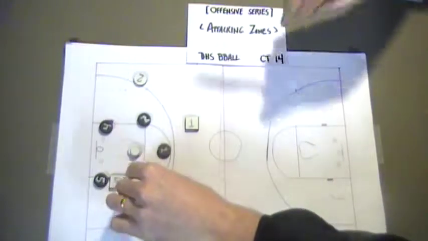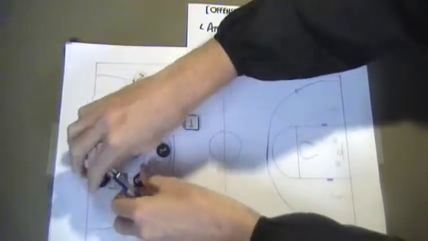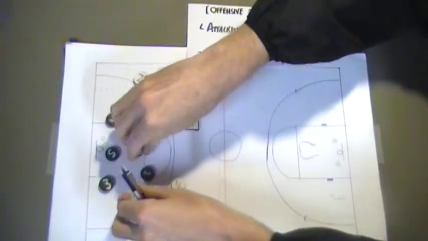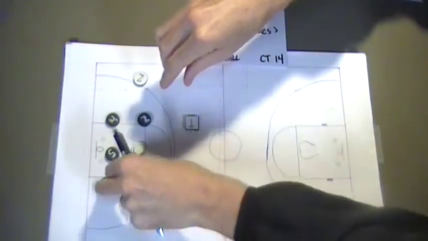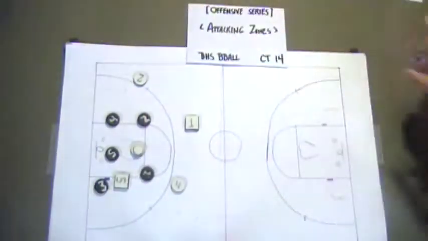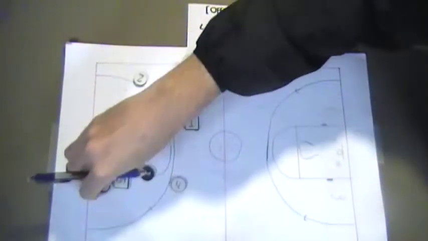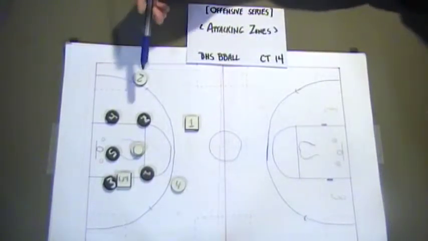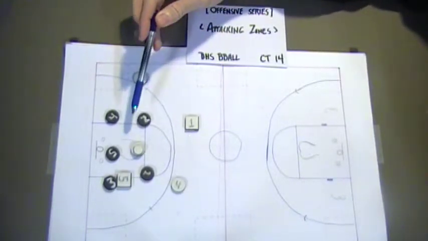thought process that you want to have, let's just go to a normal 2-3, but it really doesn't matter how they're set up. The basic concept as a system team is that we want to get out, we don't want them to slow us down.